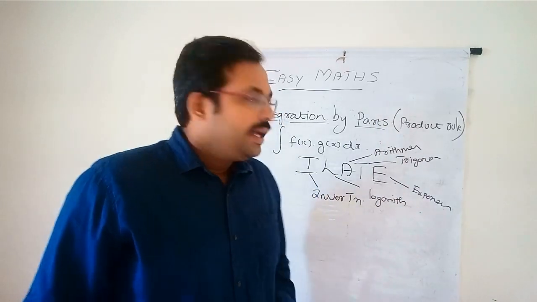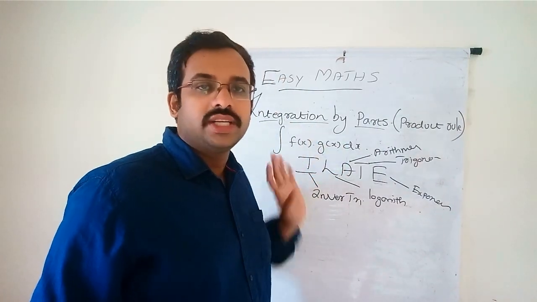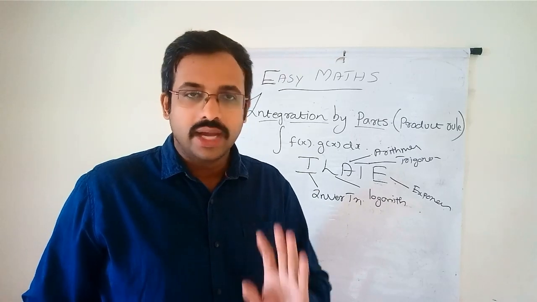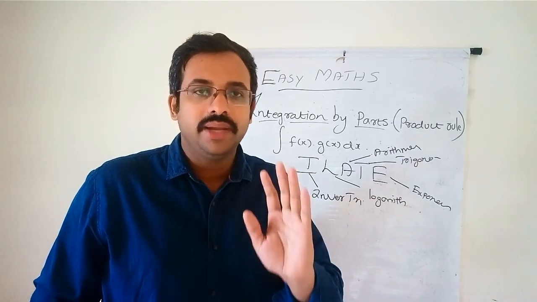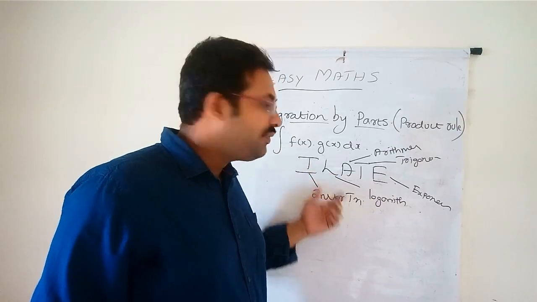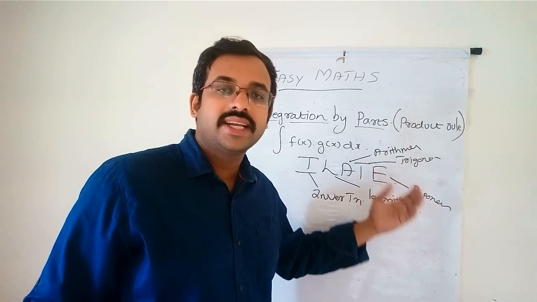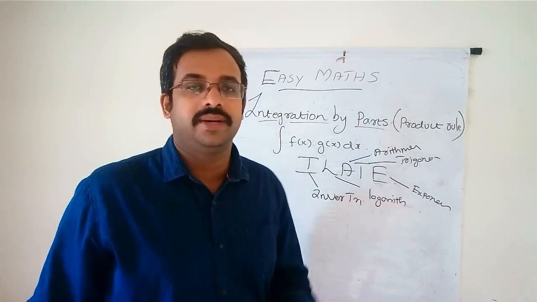So when the integrand is a product of two functions, we use the ILATE method or integration by parts. We select the first function and second function according to this order.